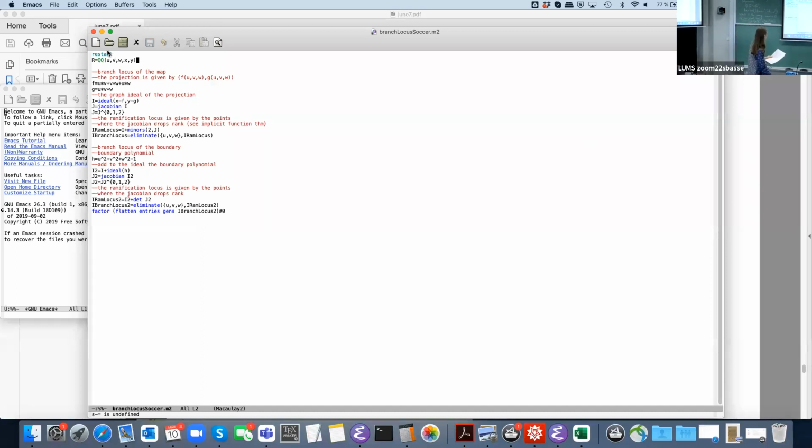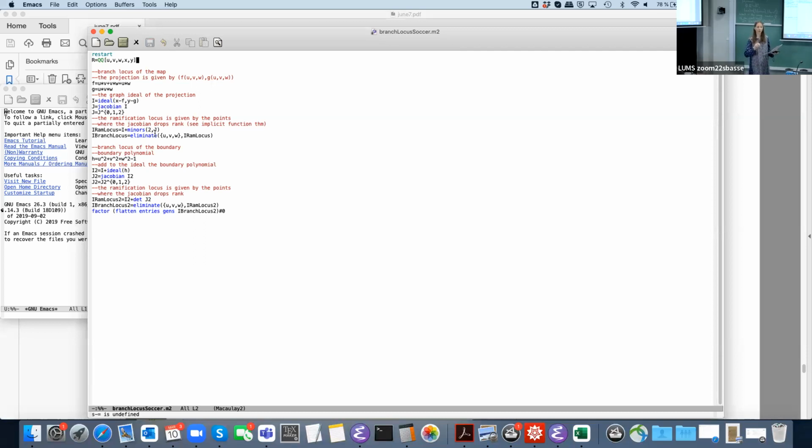Then we construct the ideal of the parameterization, the ideal generated by x minus F and y minus G. Then we take the Jacobian of this ideal. The locus we're interested in is where the 2 times 2 minors of the Jacobian vanish, so it's where the Jacobian drops rank.